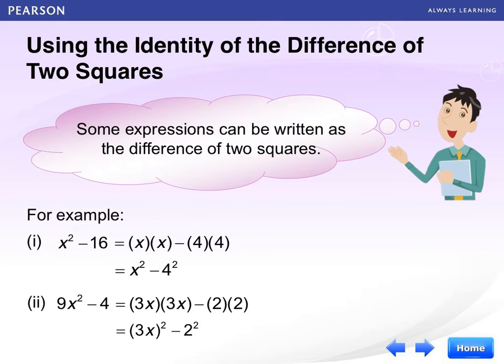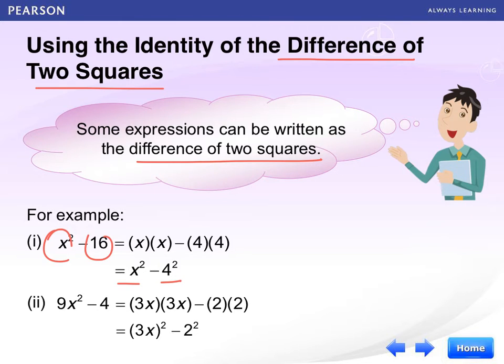When we want to use the difference of 2 squares to perform factorization, of course, we need to make sure that the expression can become the difference of 2 squares. For example, x squared minus 16 can become x squared minus 4 squared.